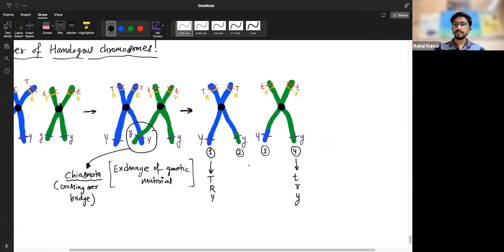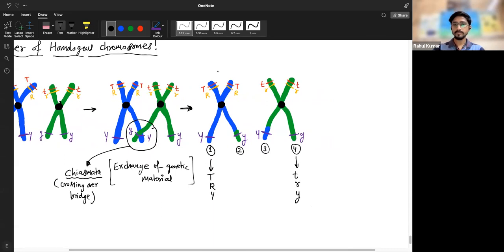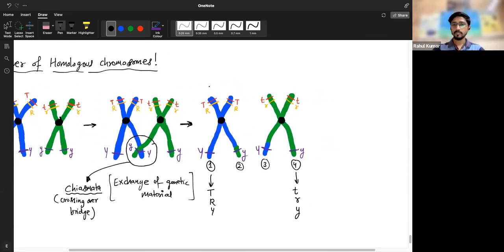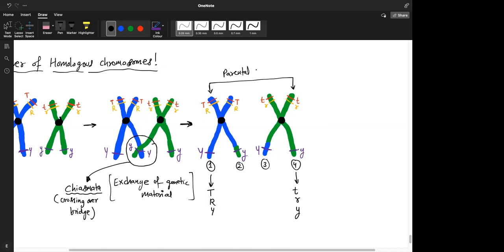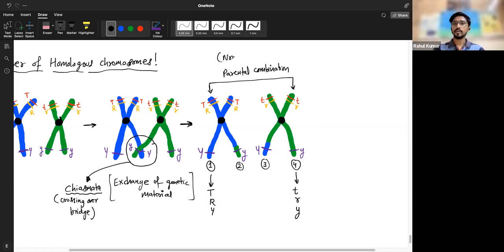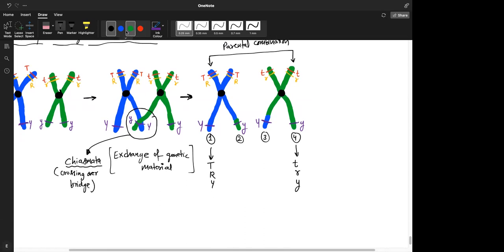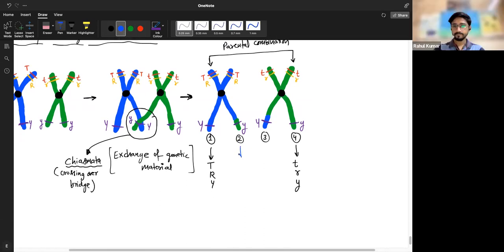So can you see these two, chromatid 1 and chromatid 4, they are parental combinations, right? So we can also call it non-recombinants. Now tell me for this second.